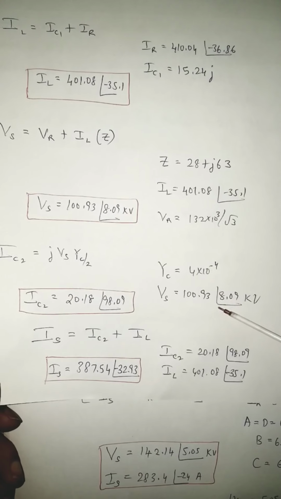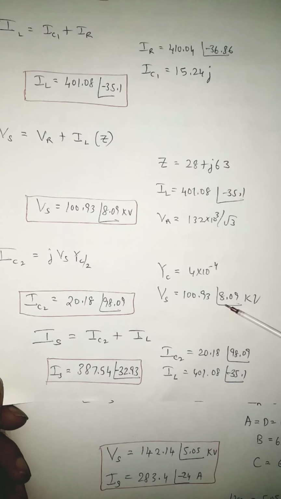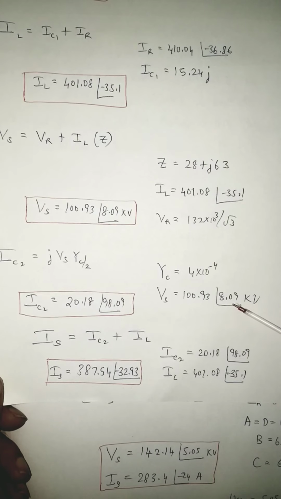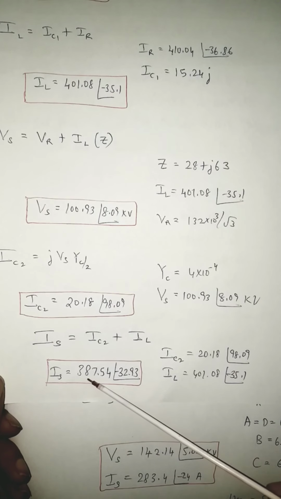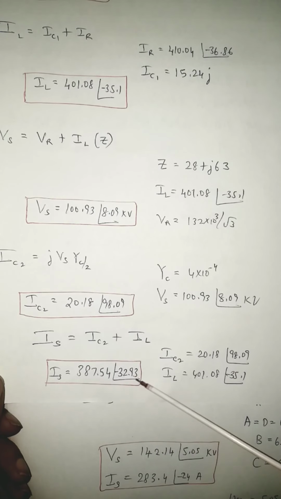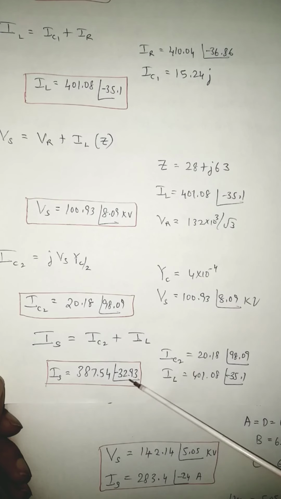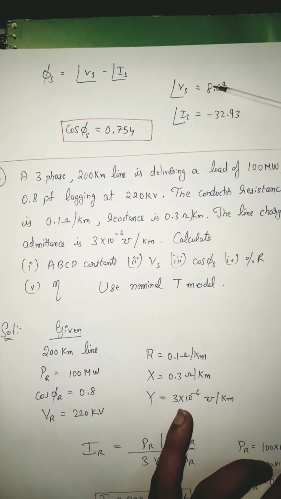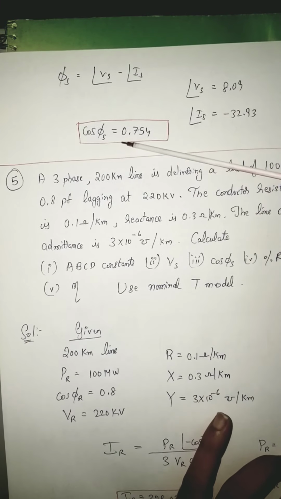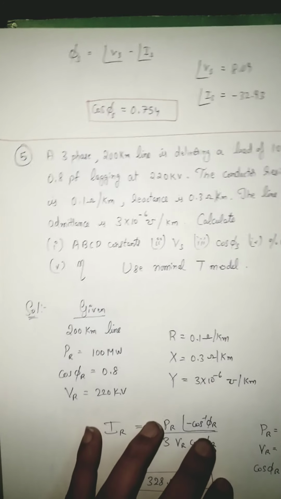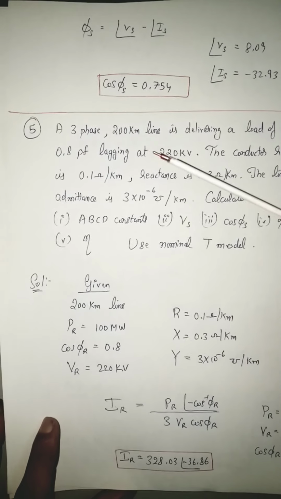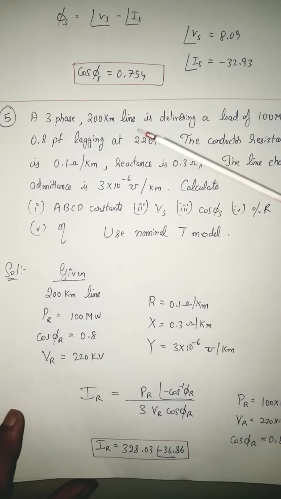We had got Vs as 100.93 at an angle 8.09, and IS as 387.54 at an angle minus 32.93. So the same thing is taken here. So I have found the sending end power factor. This finishes the fourth problem on medium transmission line.